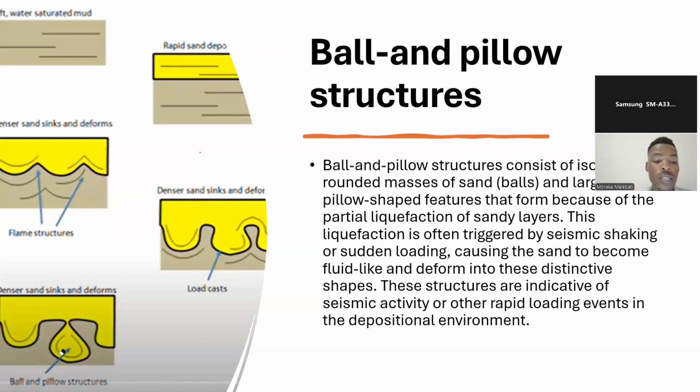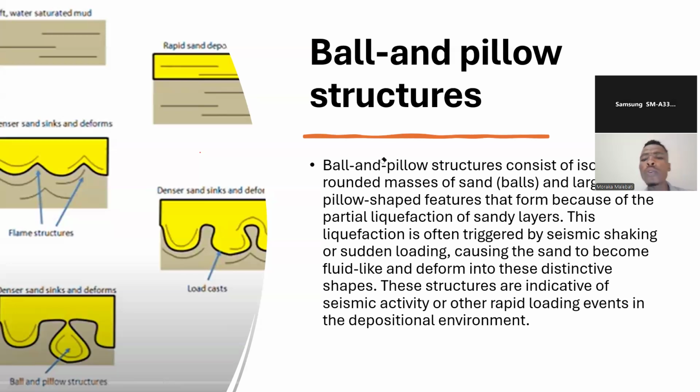Later on, we form the ball and pillow structures. They are in the form of balls or pillows, so that's why they are called ball and pillow structures, and they've got thin necks. Already I've explained what you call load casts.